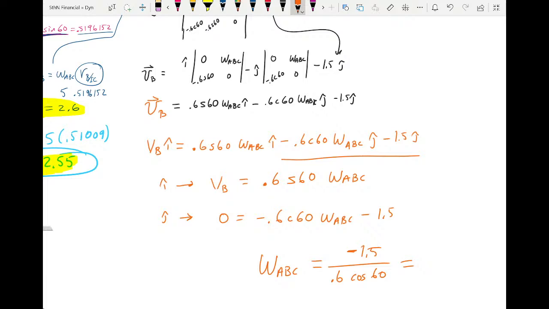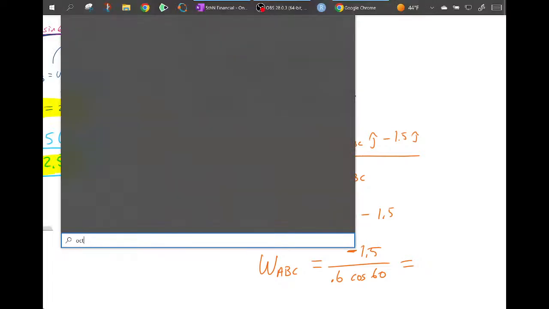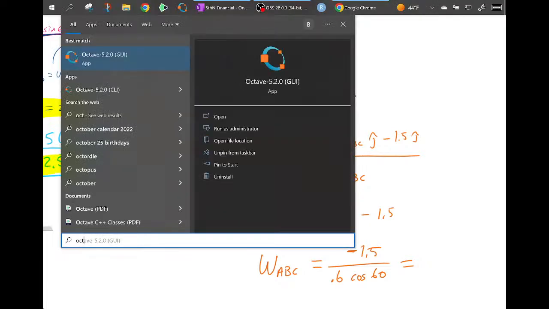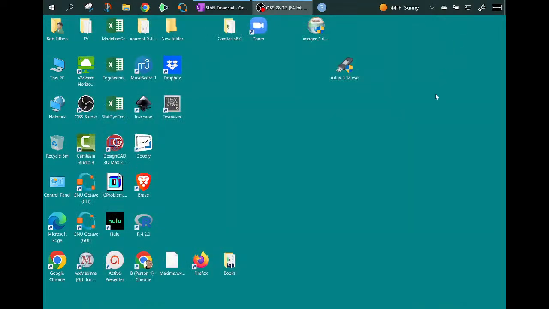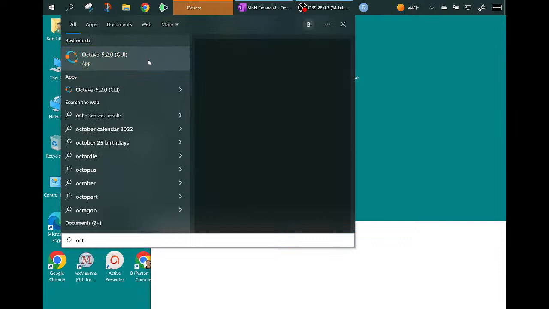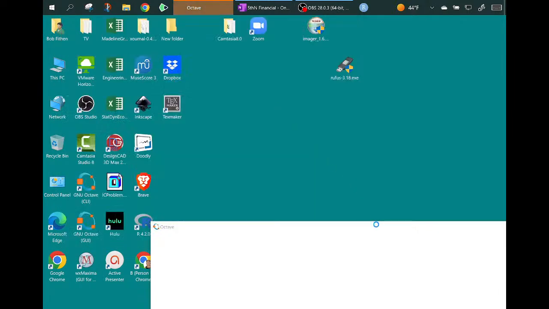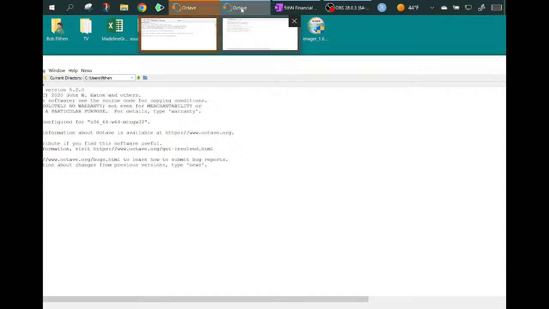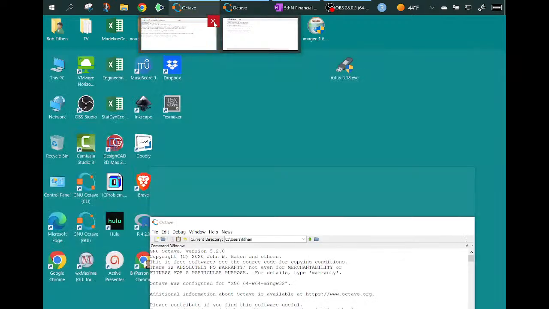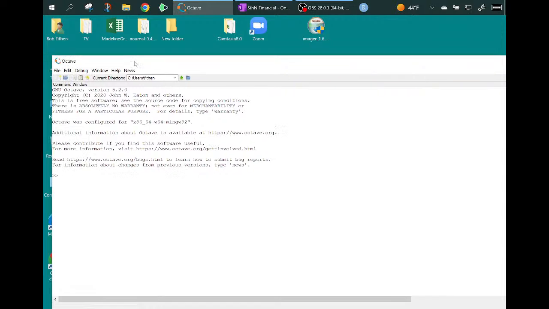Let's see. I am not trying to use Chrome. I don't know what is it doing. Okay, I got 2 octaves up. Okay, there.